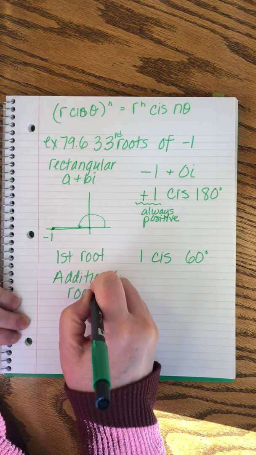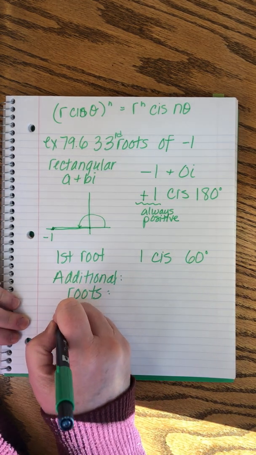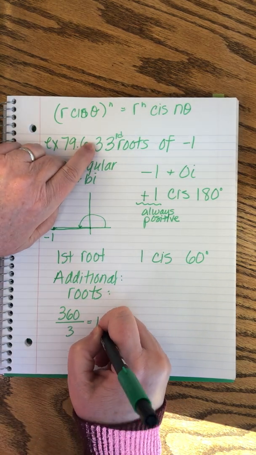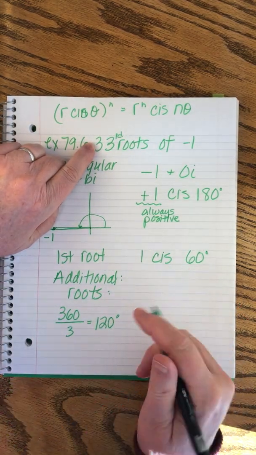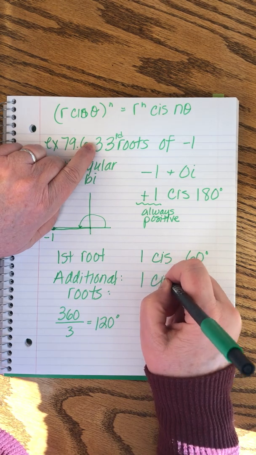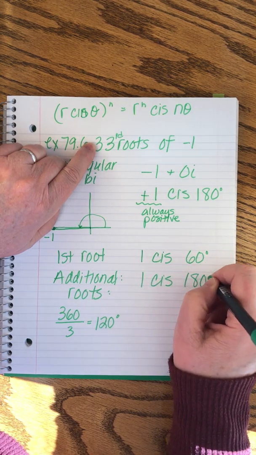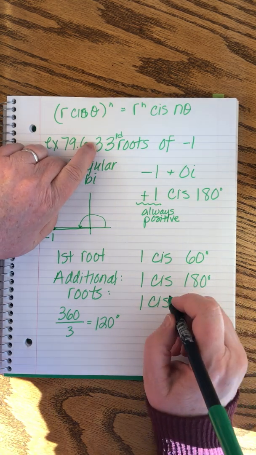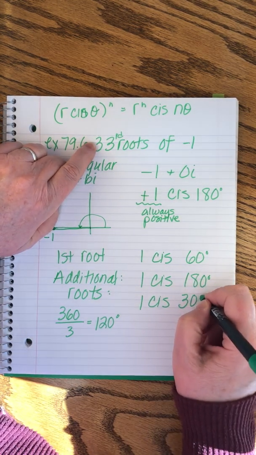Let me write roots. We take 360, we divide it by 3, that equals 120. That's the number we add on. So it will be 1 cis 60, 1 cis 180 degrees, and 1 cis 300. That's the right answer.